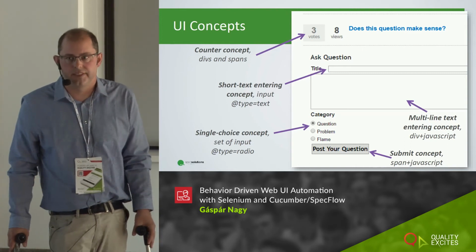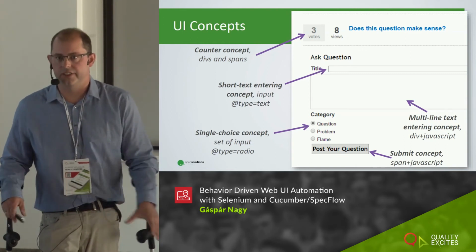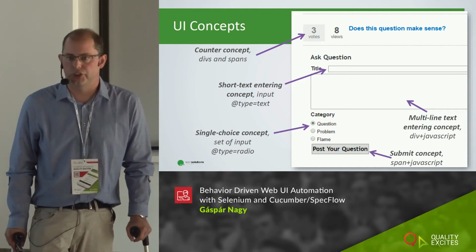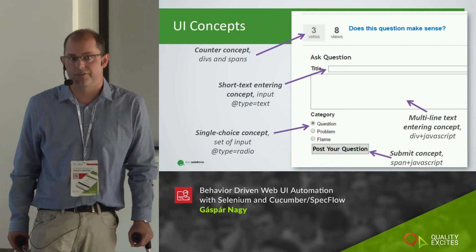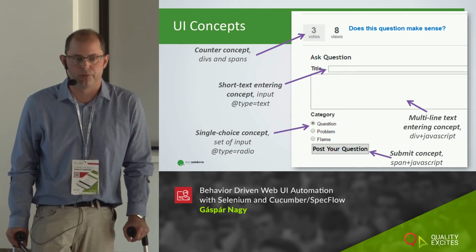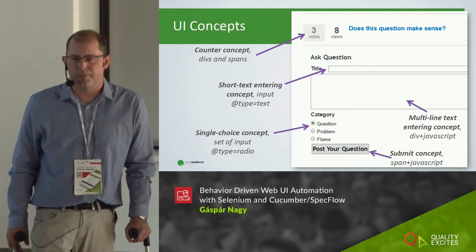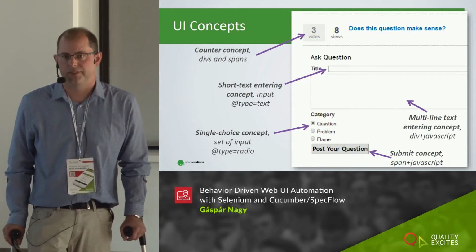We don't know that, but we don't care. Users are interacting in the same way with it. And maybe here we have a single choice concept, which is maybe implemented even with multiple input radio elements. And here we see not only a button, but a submitting concept.